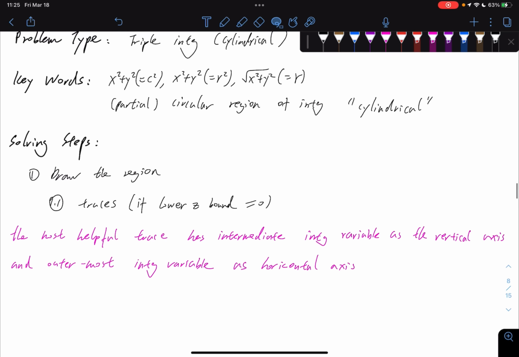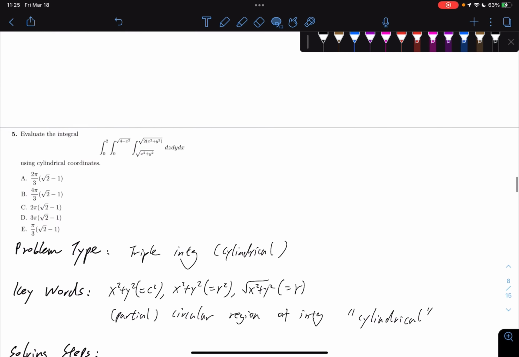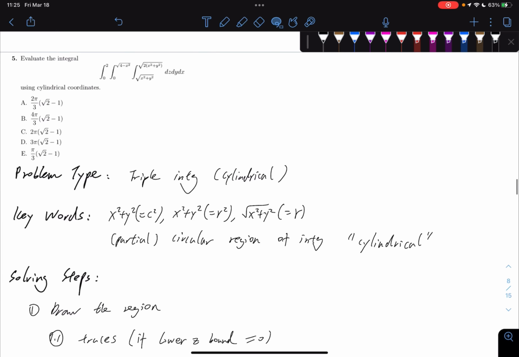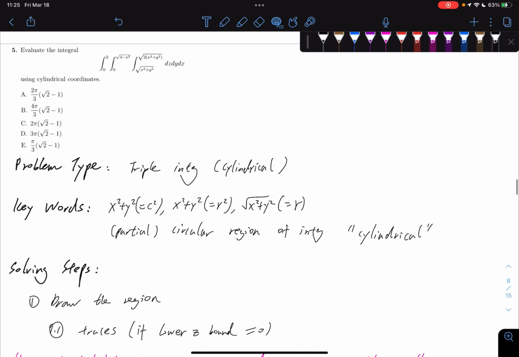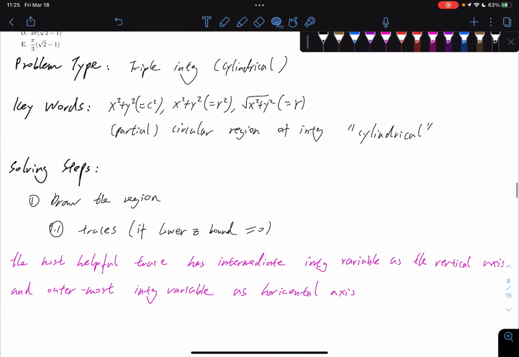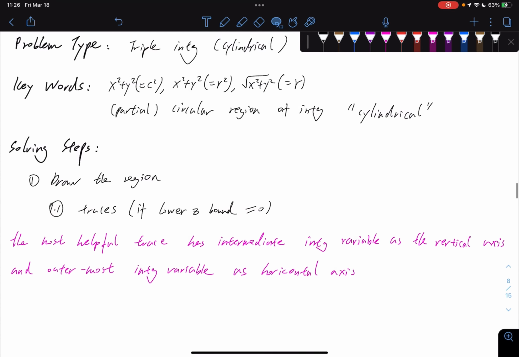Trace this. If the lower bound, the z, equals 0, anyway, let's ignore this statement for now, but let's read the pink part. The most helpful trace has the intermediate integration variable as the vertical axis and the outermost integration variable as the horizontal axis.